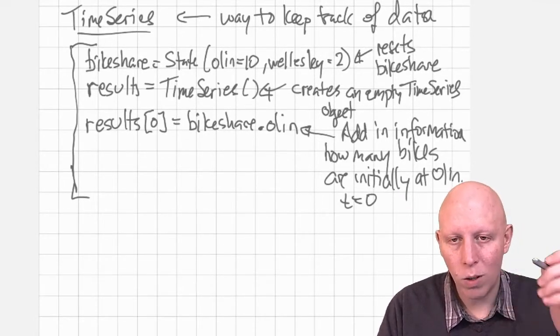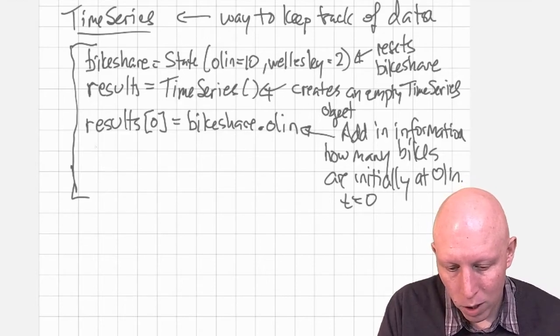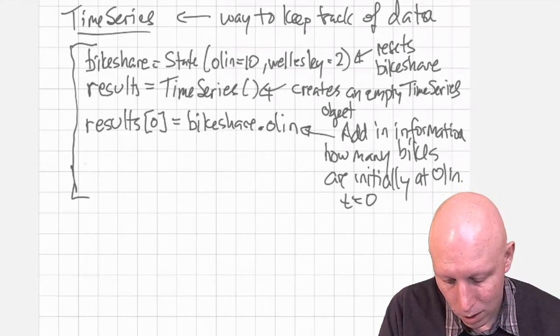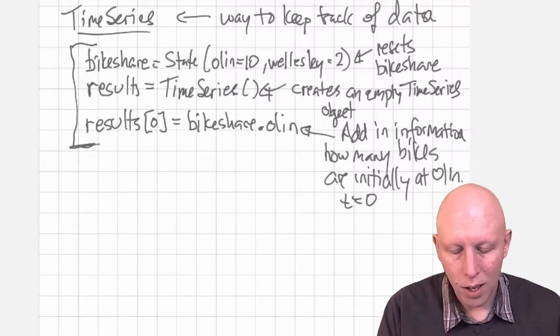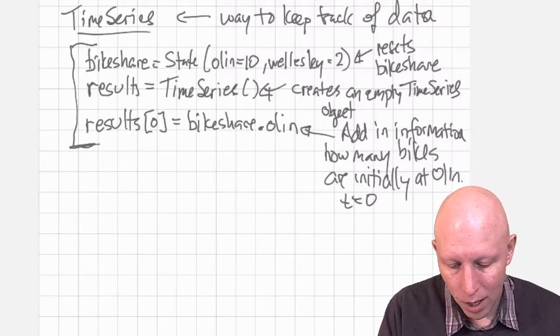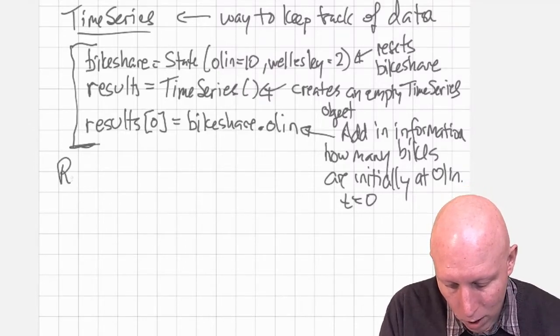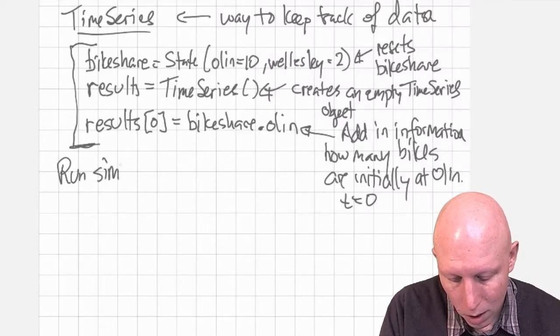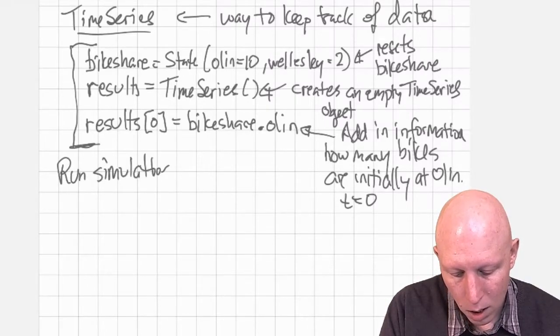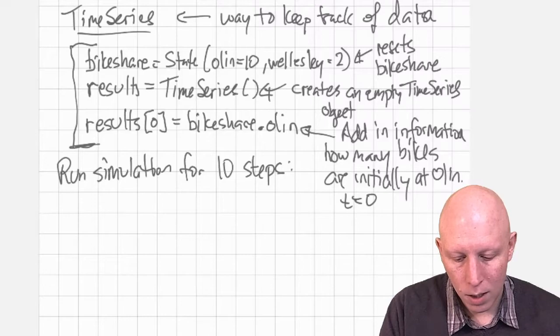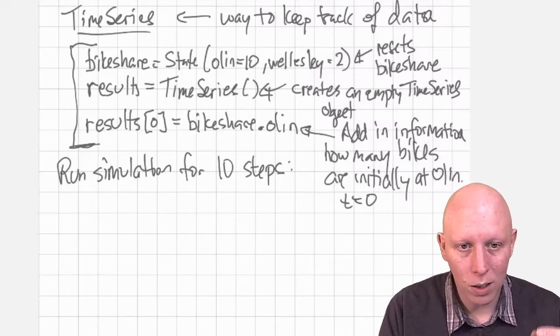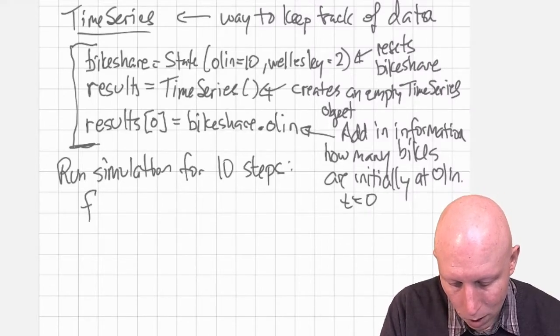Okay, and now as we run our simulation, these are the pieces that initialize our setup. Our goal now is to run the simulation for 10 steps. And remember, to run a simulation for multiple steps, we use a for loop.